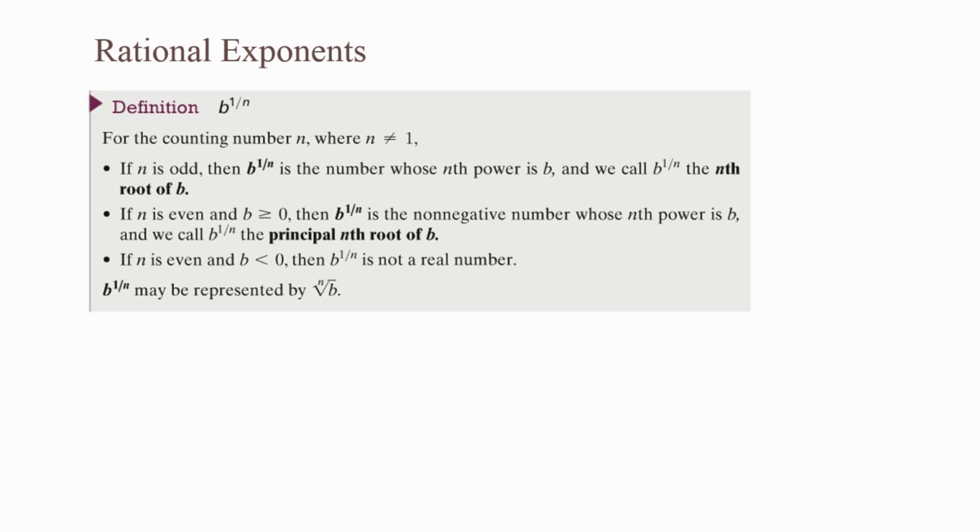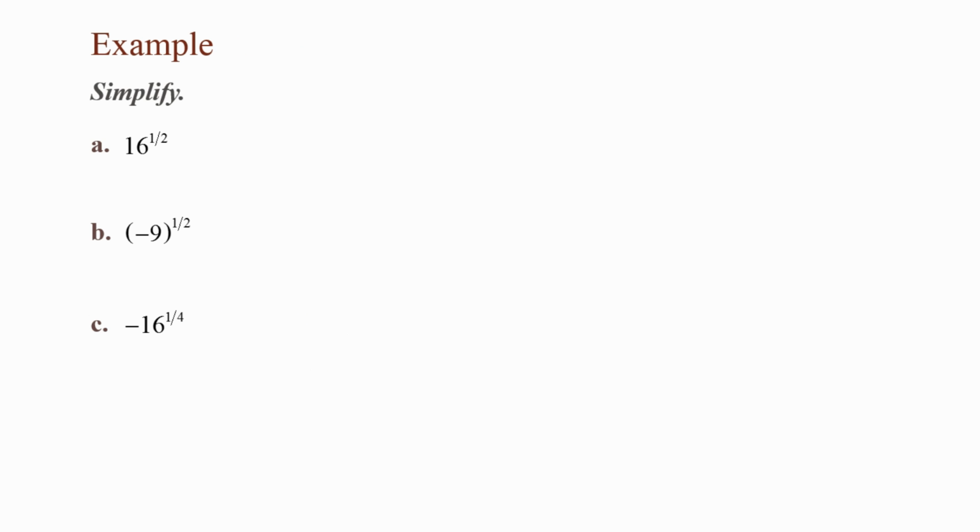b to the 1/n power may be represented by the nth root of b. If I have 16 to the 1/4, I can write that as the fourth root of 16. In these examples, I want to simplify the rational exponents. For a, I have 16 to the 1/2.